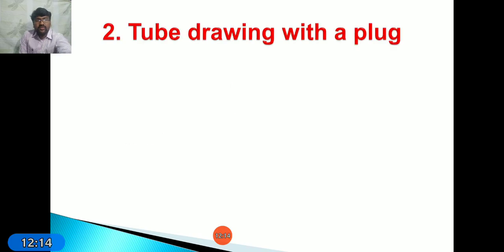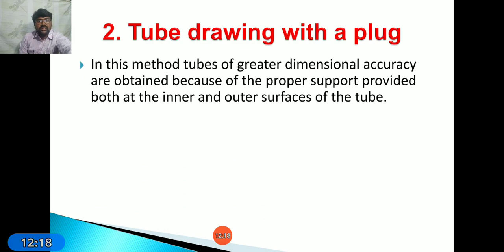Next, coming to tube drawing with a plug. It is another method in the tube drawing process. In this method, tubes of greater dimensional accuracy are obtained. Whatever dimension we require, we can maintain and produce by using this method, known as tube drawing with a plug.